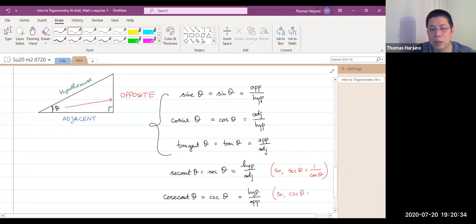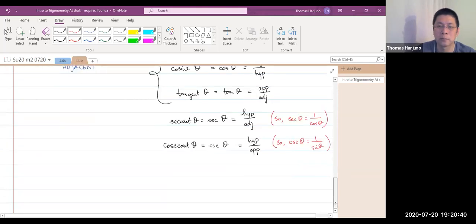Cosecant theta is the reciprocal of sine theta. And finally, cotangent theta, denoted by cot theta, is the reciprocal of tangent, that's adjacent over opposite.